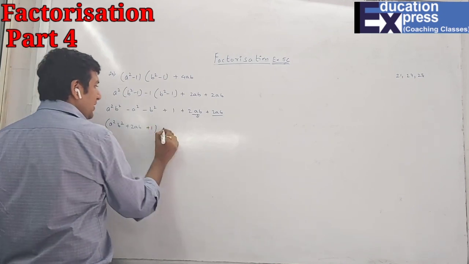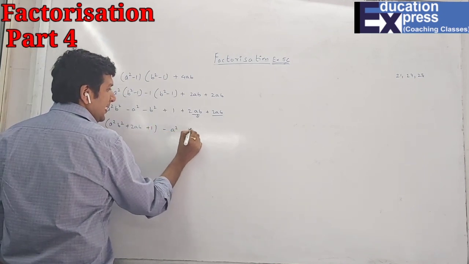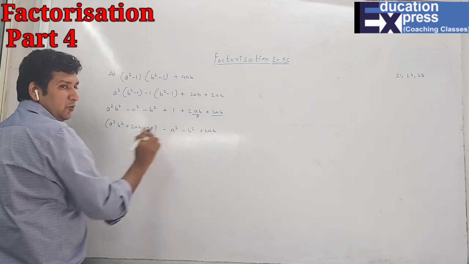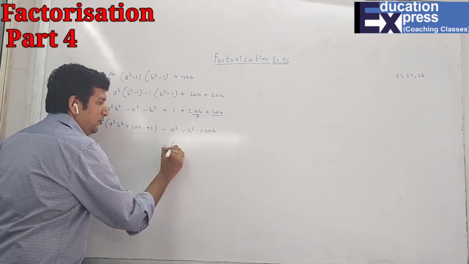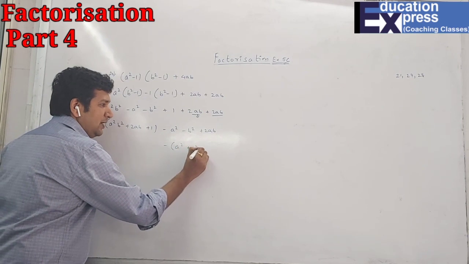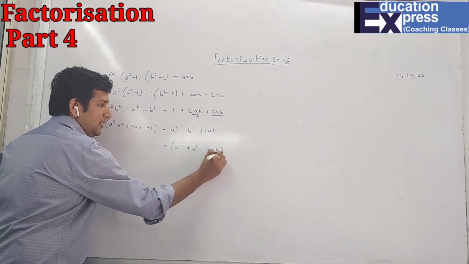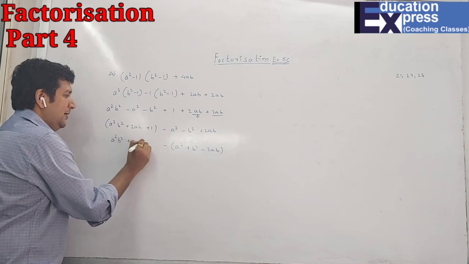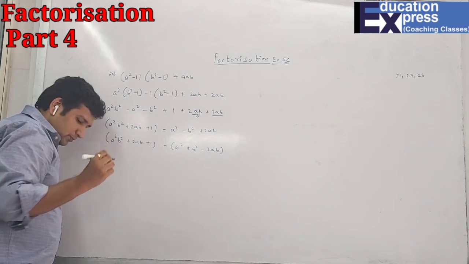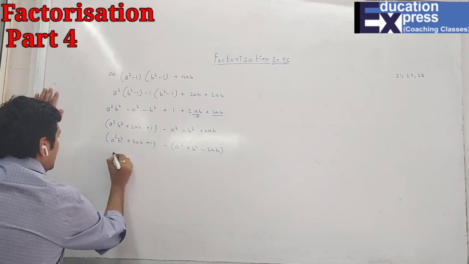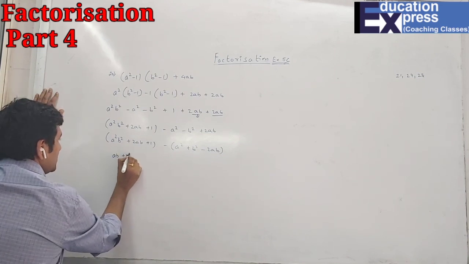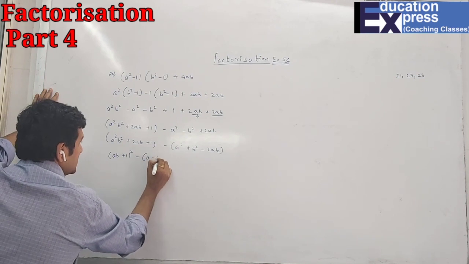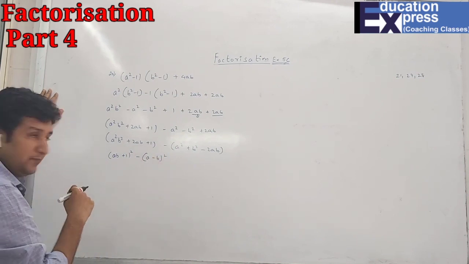Now second group, what I'm left with: minus a square minus b square and 2ab. As you can see, a and b are in the group. But this is a negative group, I have to take a minus sign common. That is minus (a square plus b square minus 2ab). And here also a square b square plus 2ab plus 1. So what I'm left with over here is (ab plus 1) the whole square, and here (a minus b) the whole square.